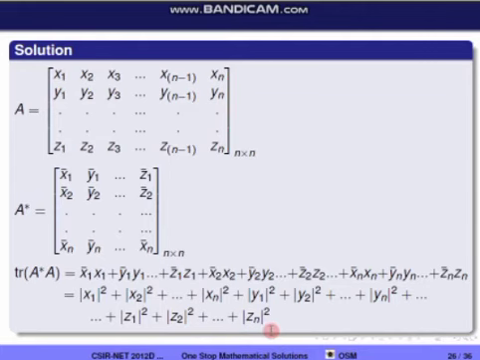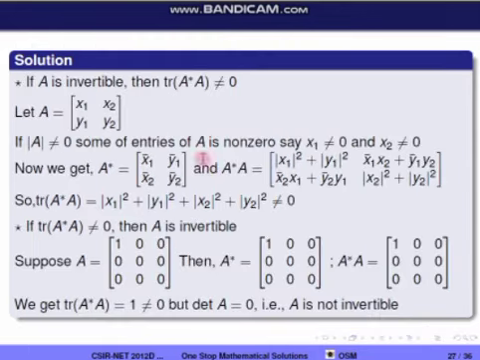So now we'll check the options one by one. The first option is: if A is invertible, then trace of A star A is not equal to 0. Here I am doing it for n equal to 2 and generalizing it for n cross n. So let A be the matrix with entries x1, x2, y1, y2. If determinant A is non-zero, then the entries of A are not all zero.